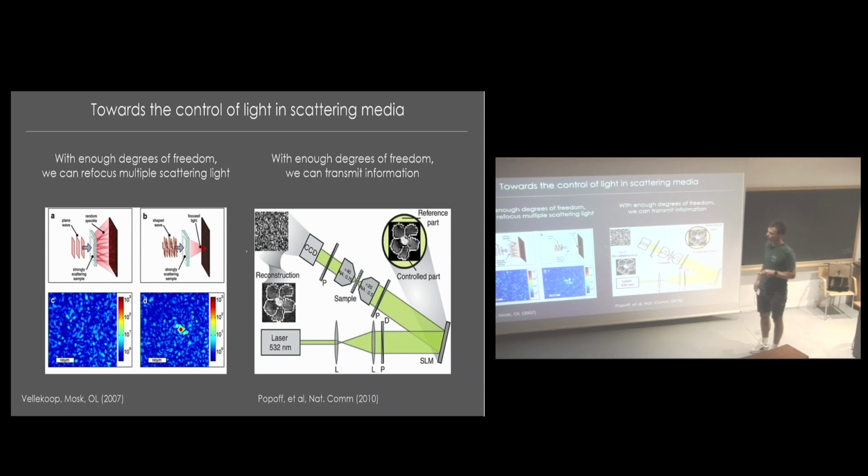The strength of your focus is given by the number of degrees of freedom that you can control. You can do it for 1 position, 2 positions, 3 positions, but you can also generalize this effect and transmit some information into a scattering medium by sending some image into it with a deformable mirror or spatial light modulator. But it is just a side note to go beyond aberration correction.